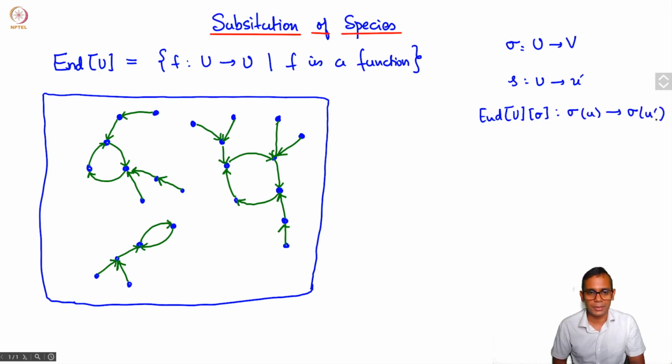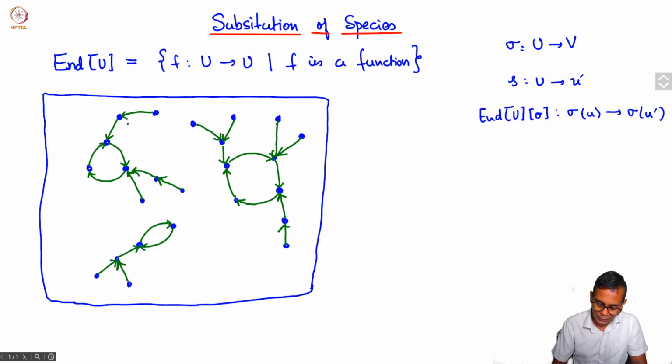That's the transport of structure. And visually it has this kind of picture where you have a directed graph where every vertex has exactly one out edge, namely that edge tells you where the function f maps your element of U.